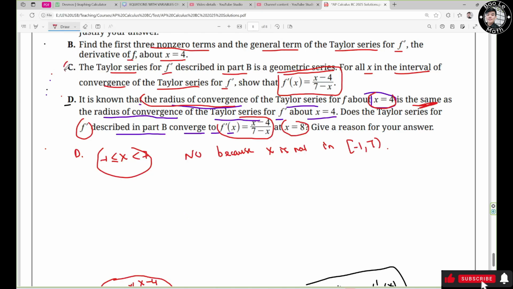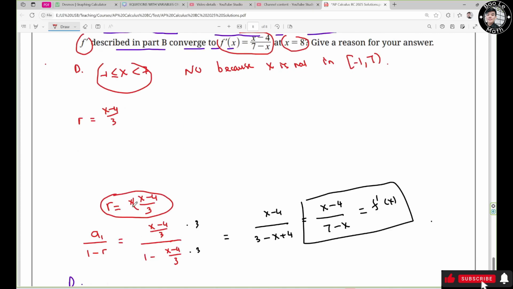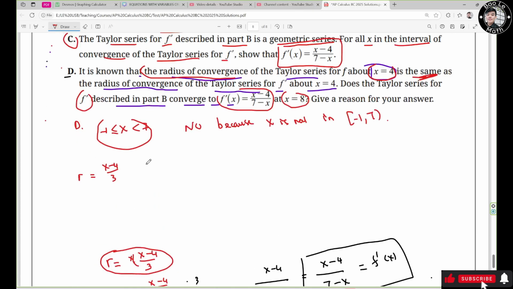Now, in question C, we just found the common ratio of the infinite geometric series. It's going to be (s minus 4) over 3. We got it right here. So we substitute 8 into this one. So we have r equals 4 over 3, which is greater than 1.